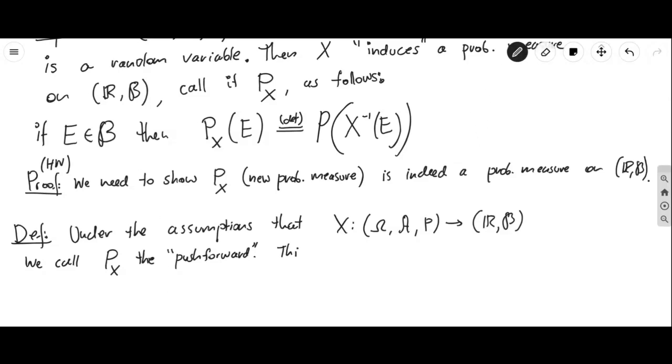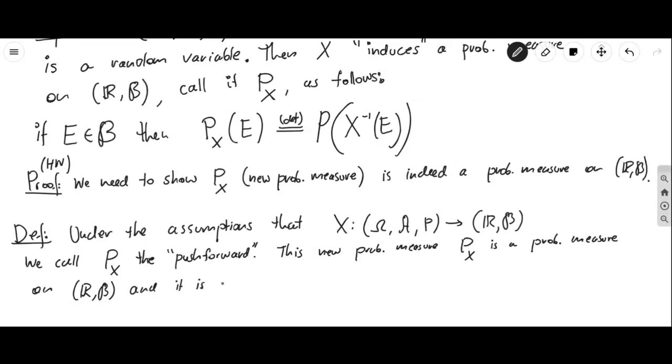So this new probability measure, Px, is a probability measure on the Borel algebra, and it is commonly called the distribution of x.